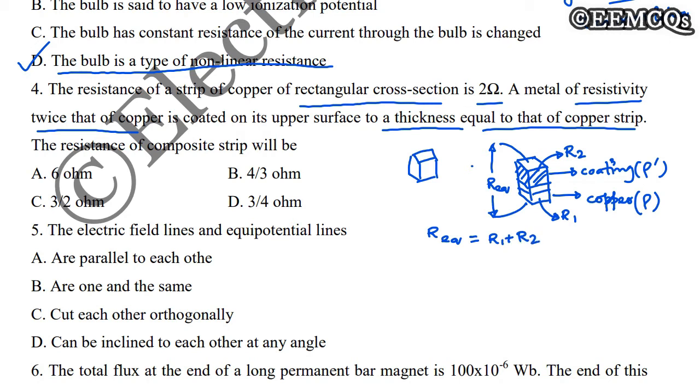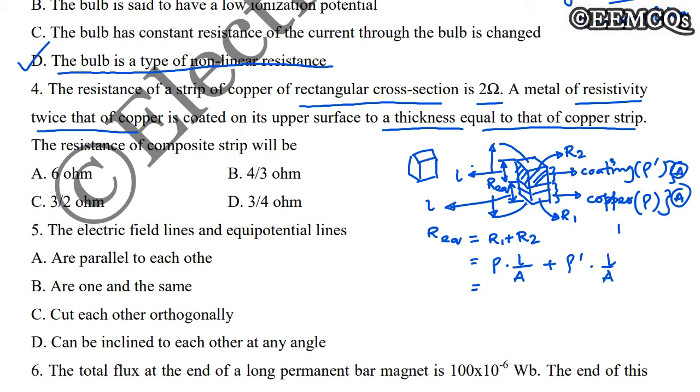Now the thickness is the same, so if this thickness is L, this thickness will also be L. So R1 will be rho L by A, where A is the cross section or surface area. The cross sectional area of both components will be the same, that is A. Plus R2 will be rho dashed into L by A. So what do we get here?